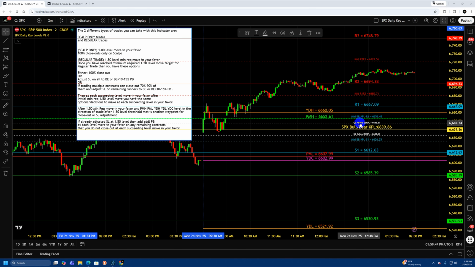So if SPX happens to trade at that price level, it will automatically stop you out. And that feature works the same way in Interactive Brokers. Now there may be other brokers that do offer that feature.